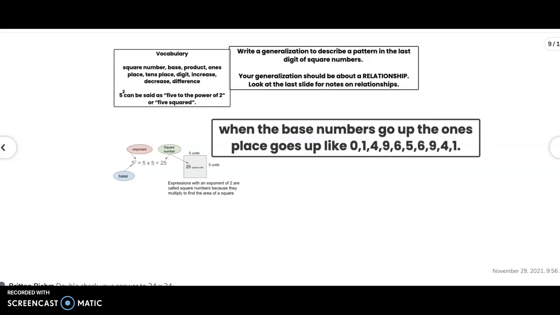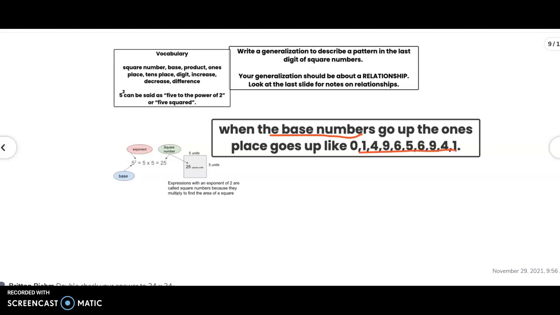This student work said, when the base numbers go up, the ones place goes up like this. So this is a really good example of a general rule because number 1, it describes a relationship. It says when the base numbers change, then the ones place goes up like this.